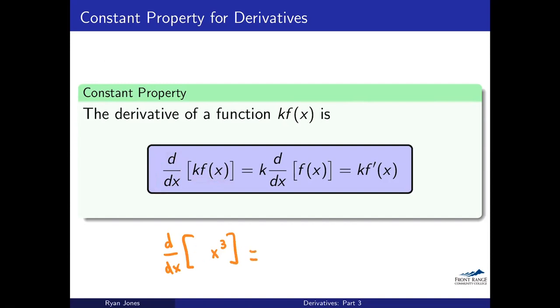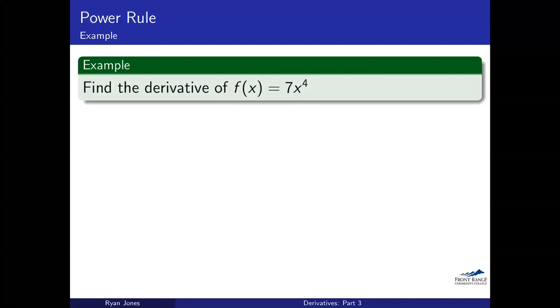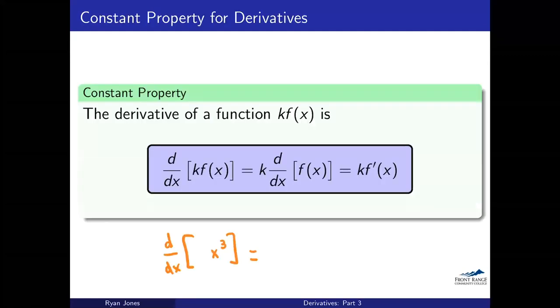Let me change these numbers here just so I don't have multiple 3s. So I've got, let's say, 4x cubed. Like I said, I'm allowed to forget that 4 for a second. And really what that entails is me pulling this 4 out front. You can notice here that I have that k that just gets pulled out front.